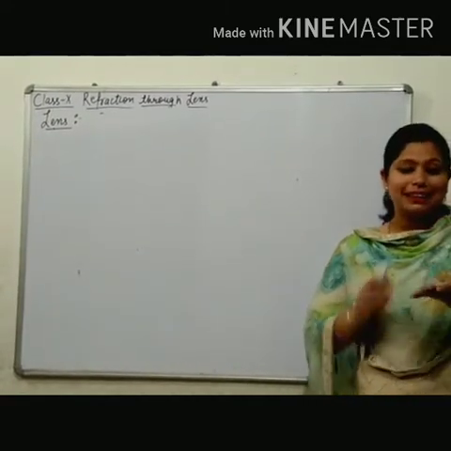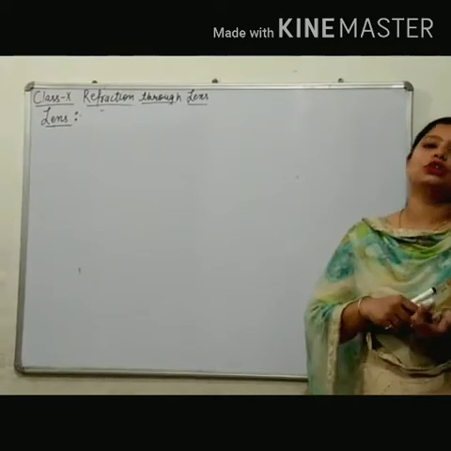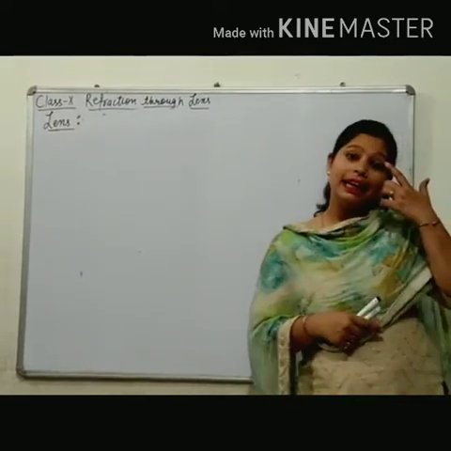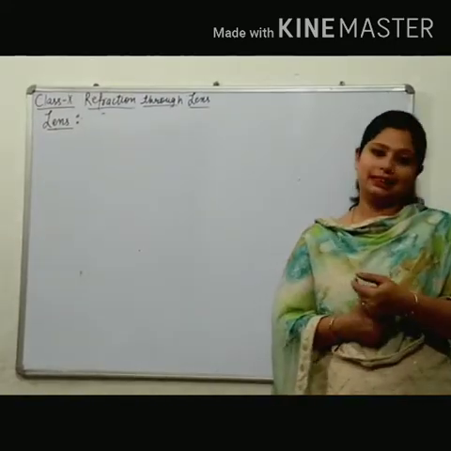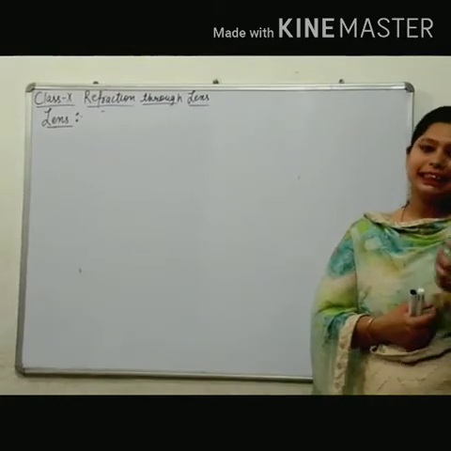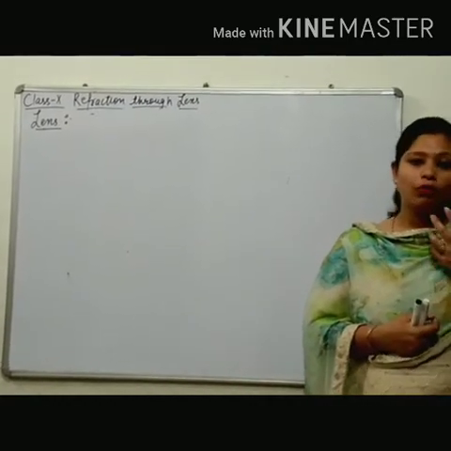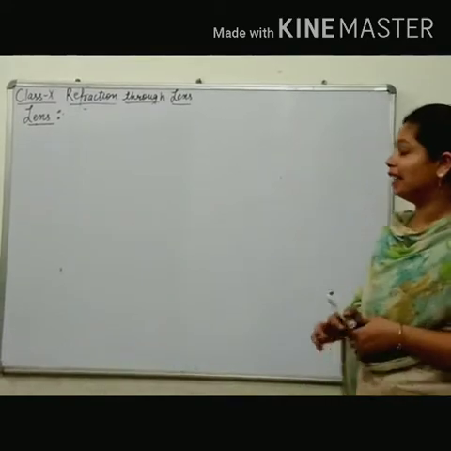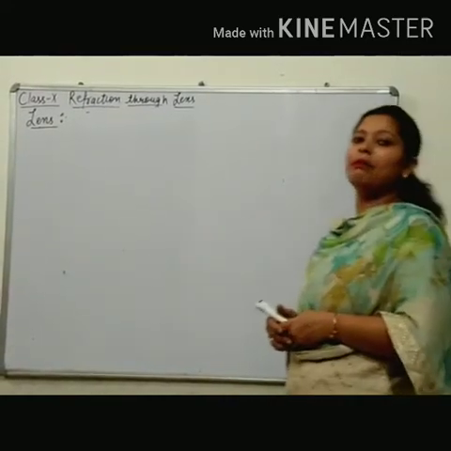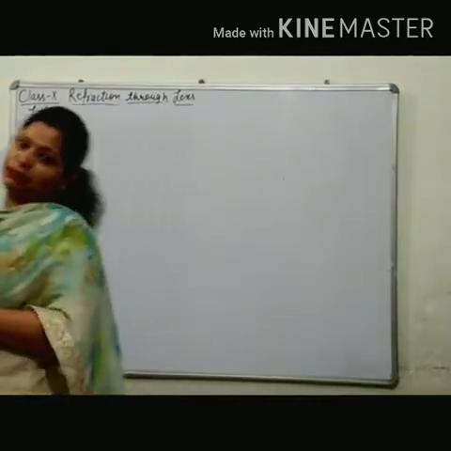Similarly, a palmist that reads the lines of a palm also uses a lens, a glass. So these are certain examples of lens, that is transparent glass that is bounded by two spherical surfaces.